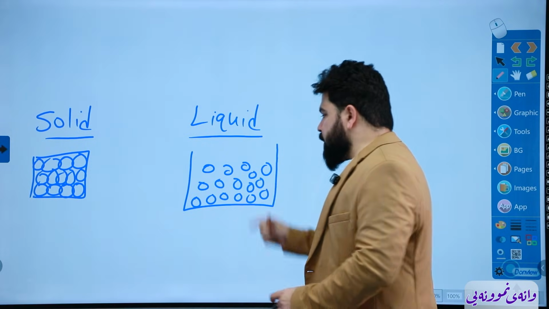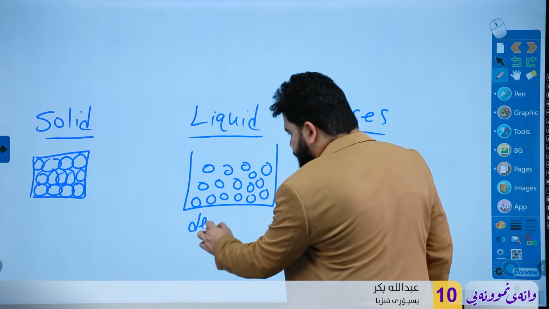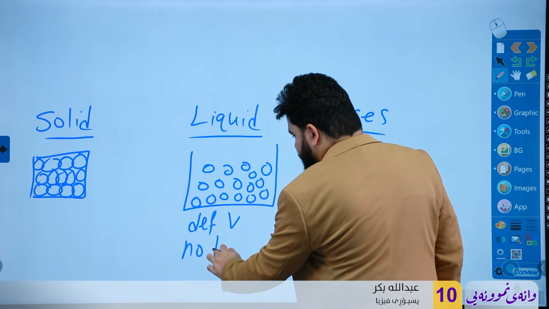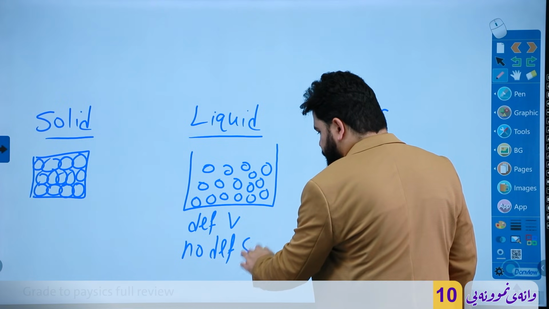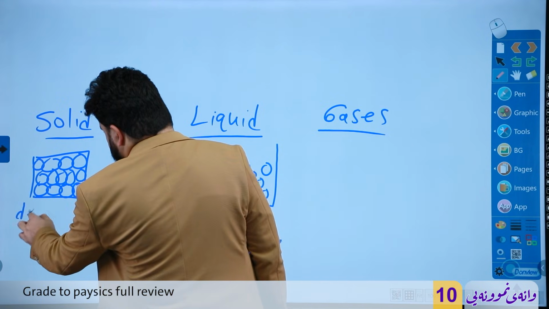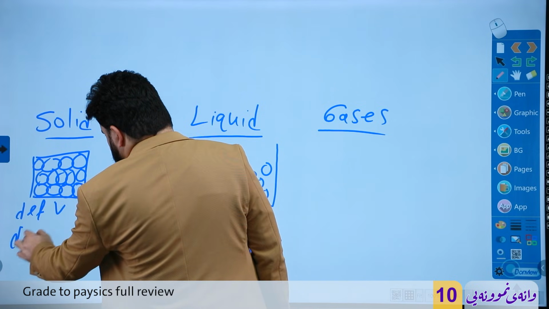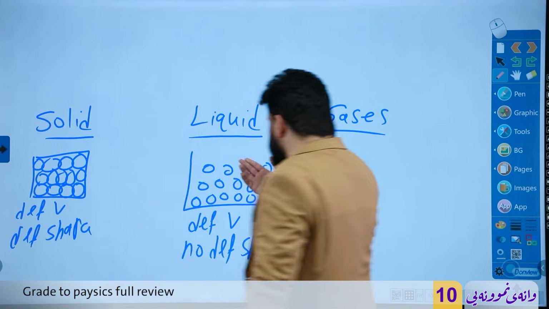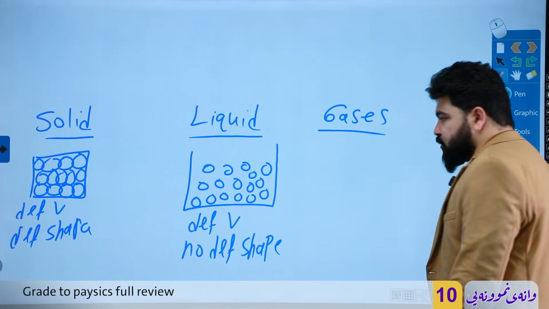Okay, so definite volume, but no definite shape. For solid, we have definite volume, definite shape. Be careful. Liquid takes the shape of the container.